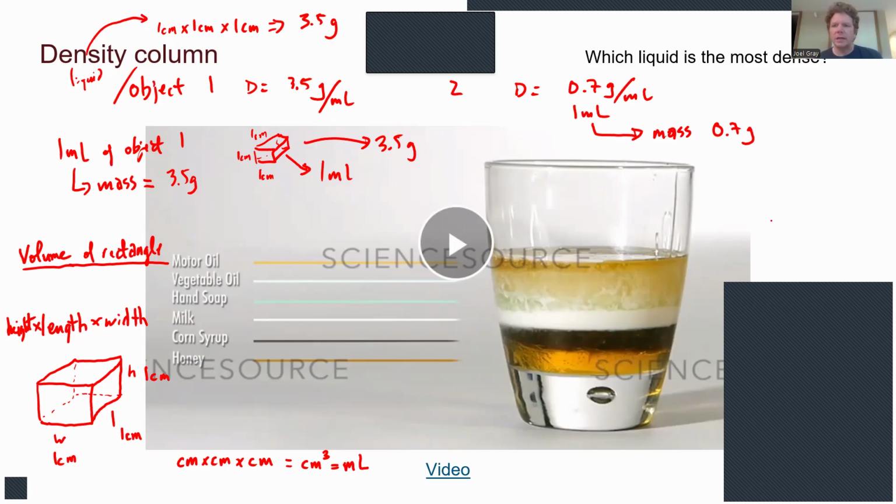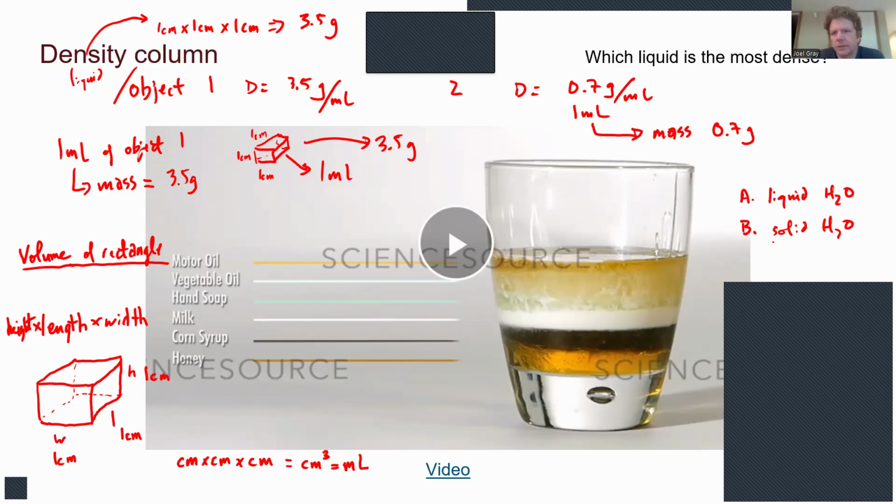Now, what do you know about the density of liquid water versus solid water? Solid water is just ice. Which one of these is more dense, A or B? Okay.